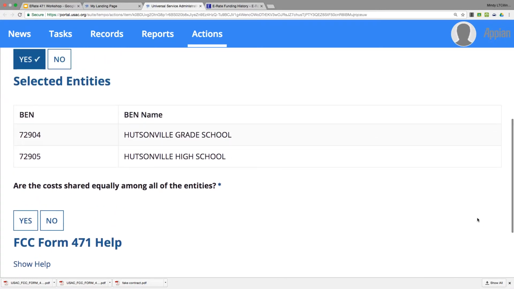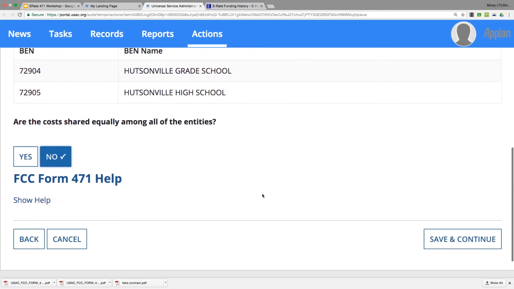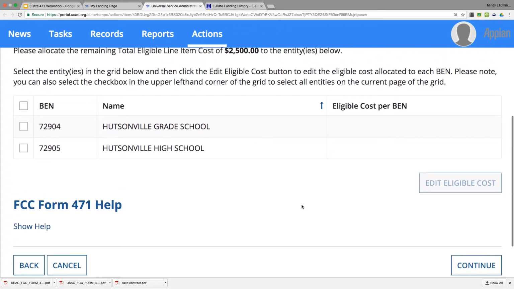Now it wants to know, are the costs equally shared among all the entities? Well, no, they're not actually. Out of these 10, 2 of them are going to the high school, but the rest are going in the grade school. So I'm going to say no, they are not equally shared. And then when I say save and continue, on the next page it's going to say how much for each.